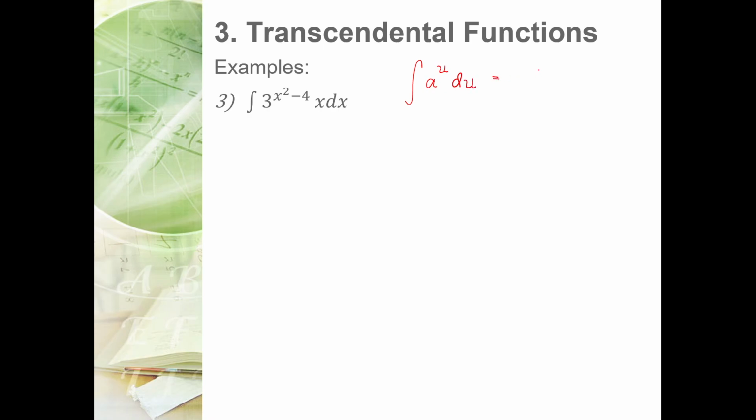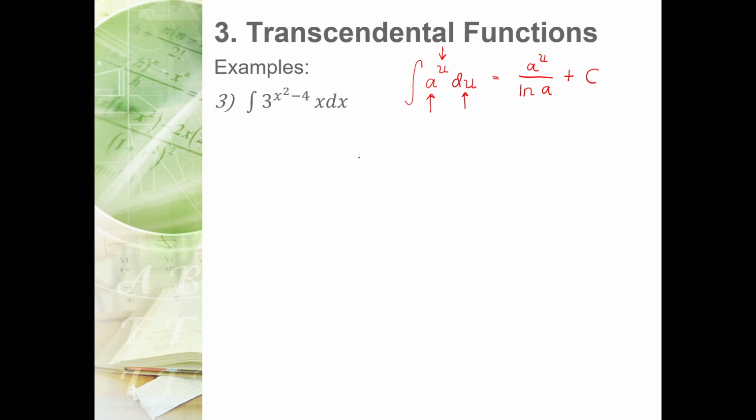The answer for this particular integral is a raised to u over ln of a plus c. The same as with your inverse trigonometric functions, we identify your a parameter, your u parameter, and then your du parameter.